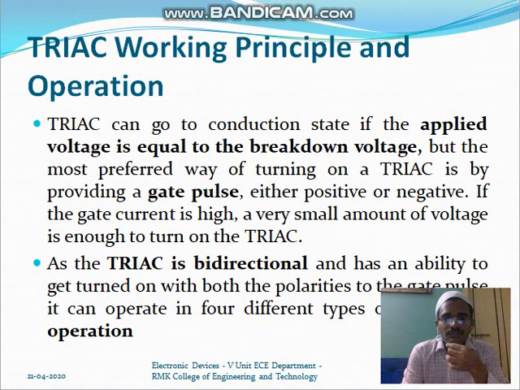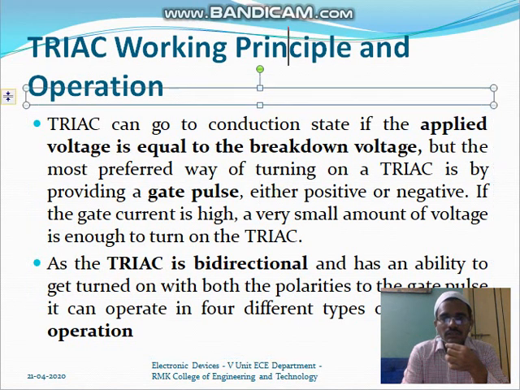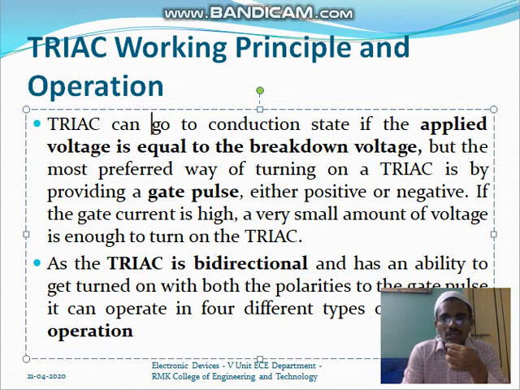Now we can see the principle of the TRIAC. The TRIAC can go to the conduction state if the applied voltage is equal to the breakdown voltage. But the preferred way is that we apply the gate pulse, right?